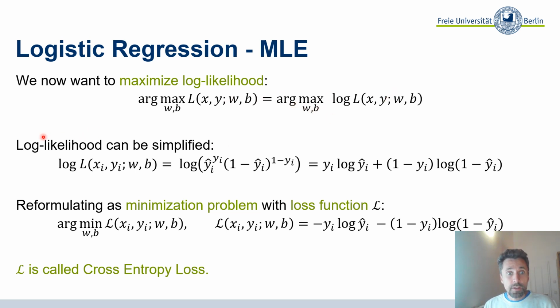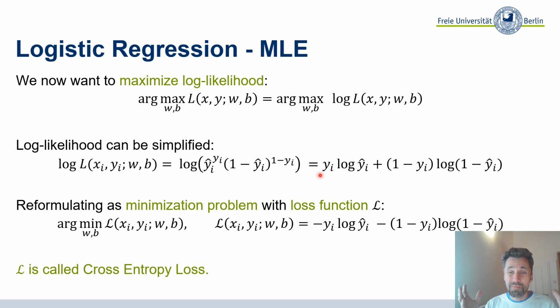The log likelihood now is just the log of what we've seen in the previous slide. So log of y hat i to the yi times 1 minus y hat i to the 1 minus yi. And applying the log power law, the log of this brings the yi down, and then you have this expression.